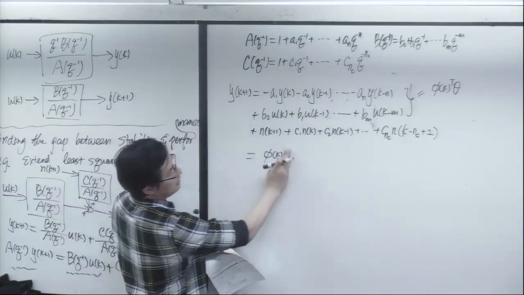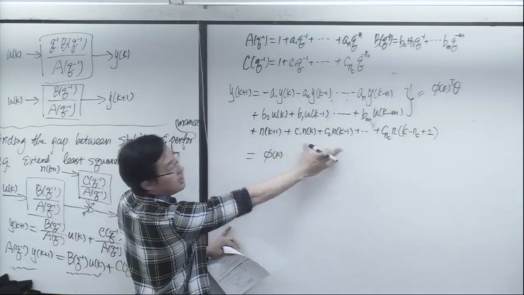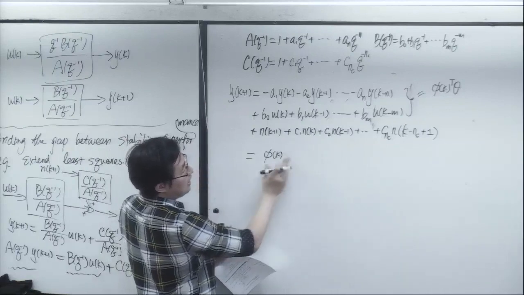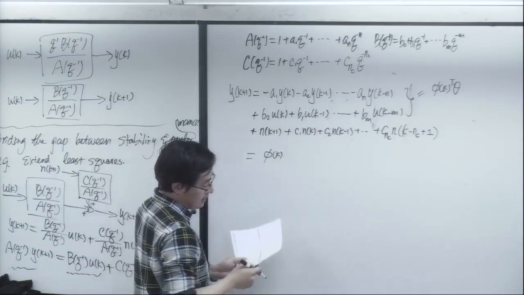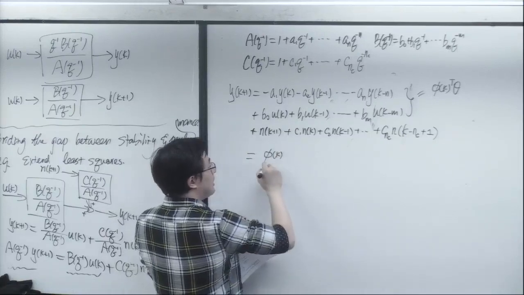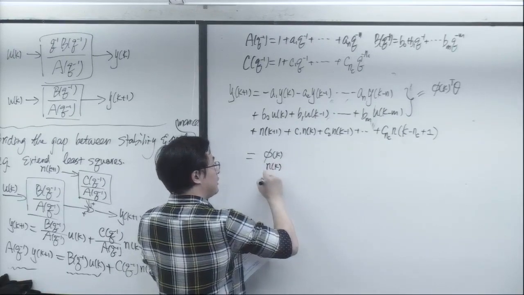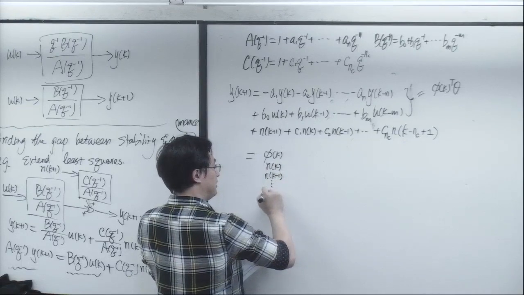Phi k, essentially I try to combine all these in one regressor, one data vector. So I'm going to write it as this. Phi k, n k minus 1.